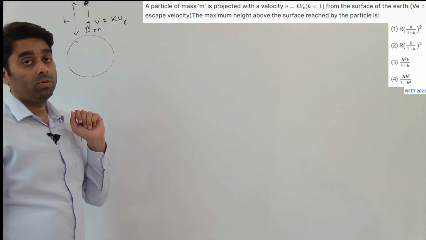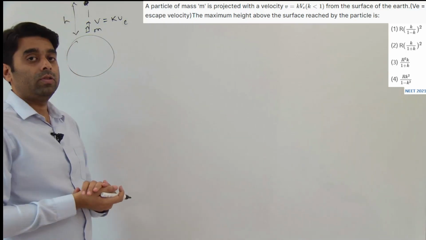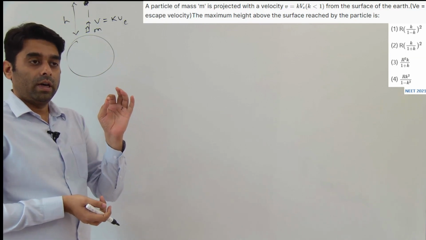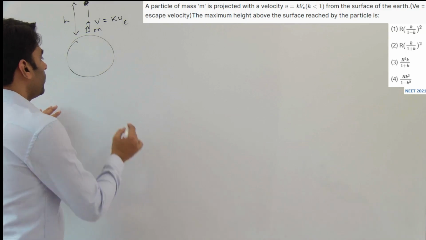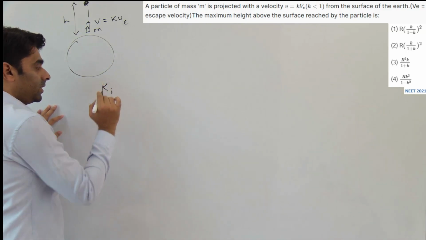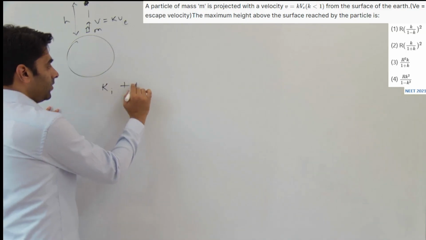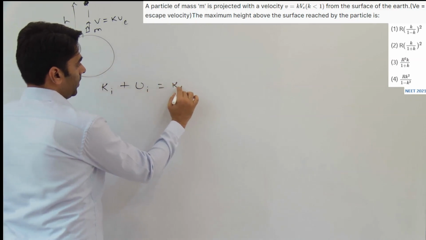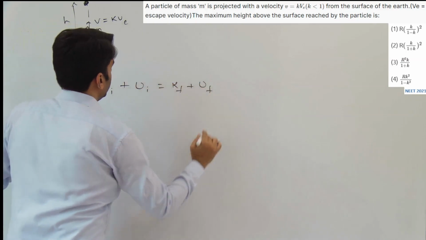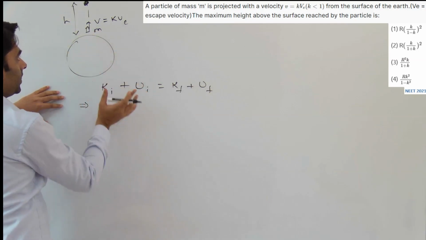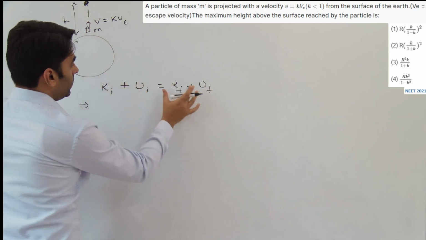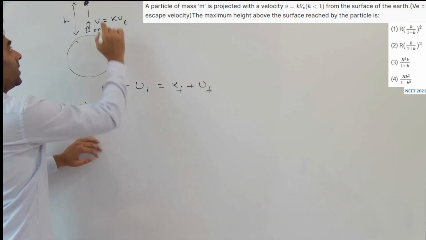How to deal with this question? This is a question from gravitation, where we will have to use energy conservation, mechanical energy conservation. K initial plus U initial equals K final plus U final. Initial is on the surface when it is being ejected, and final is at the highest point where its speed will become 0.